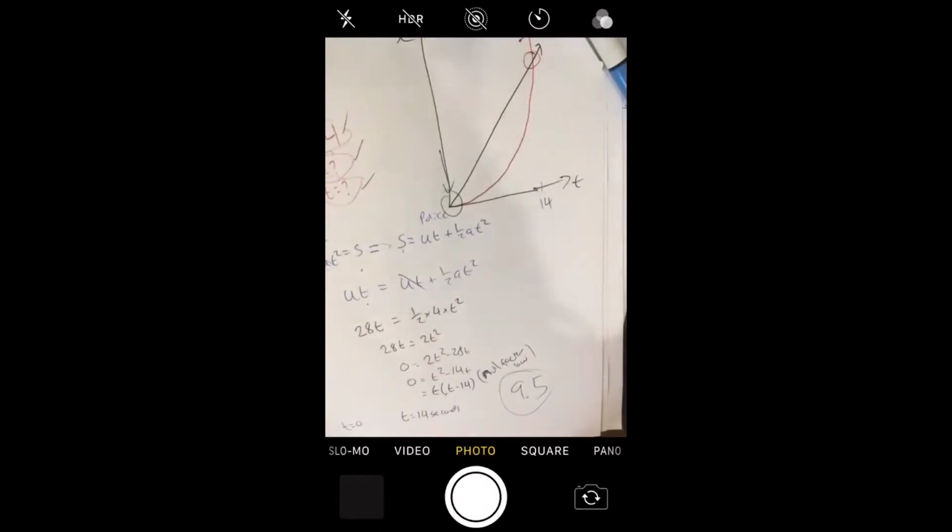Now, what I want you guys to do is go and give 9.5 a try. I am going to give you guys during the week some more examples of 9.5 type questions. I'm going to keep this Zoom open for the next 20 minutes in case you guys have any additional questions you want to shoot over to me because you're a bit confused about how to do this part of the question.